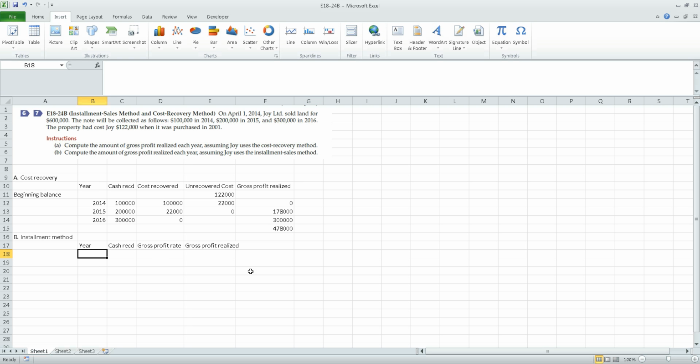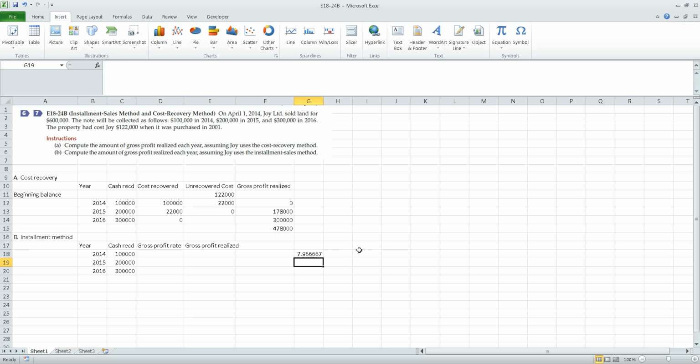Now, if we use the installment method, once again we've got 2014, 2015, 2016. We're going to simply copy down from here the cash that we collected in each of the 3 years, and paste it there. Now we need to calculate our gross profit rate. So let's see. We've got gross profit of $478,000, and we had a sales price of $600,000.